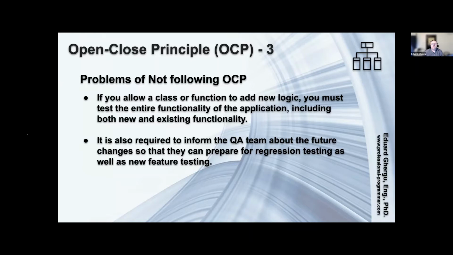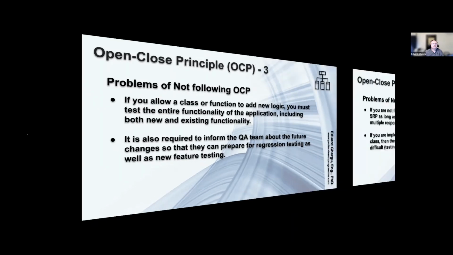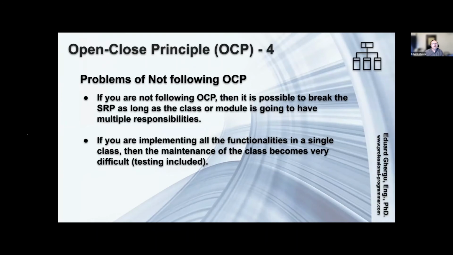And of course, we'll need to spend a lot of time doing regression testing and following the pyramid of testing to be 100% sure that we haven't damaged anything. So mainly it's about this principle. It's important to follow, as I mentioned, because of these reasons.